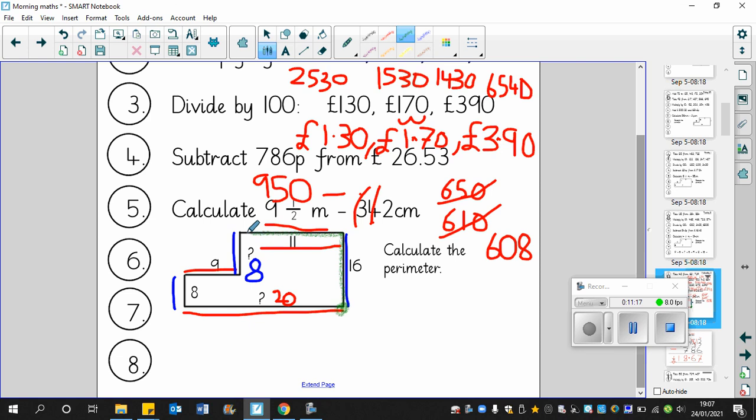Add 11 is 27. Add 8, 27 add 8 is 35. 35 add 9 is 44. 44 add 8 is 52. So we're at 52 here. And then add 20 to make 72.